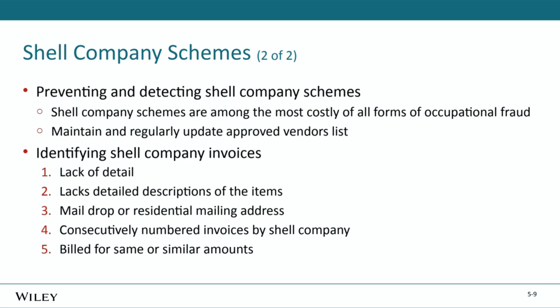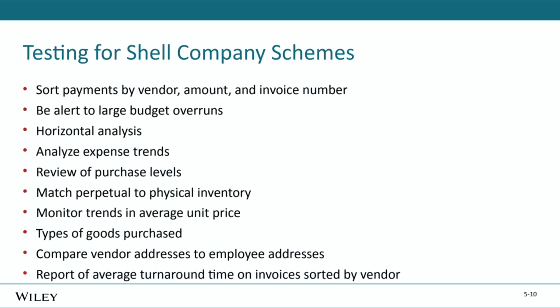I know I had one in Chicago where they had an address which essentially placed the company in the middle of Lake Michigan. So kind of easy to figure that one out. If the invoices are coming in consecutively numbered, that would indicate that you're the only customer of this company. And if every bill is for the same amount, that could be a clue.